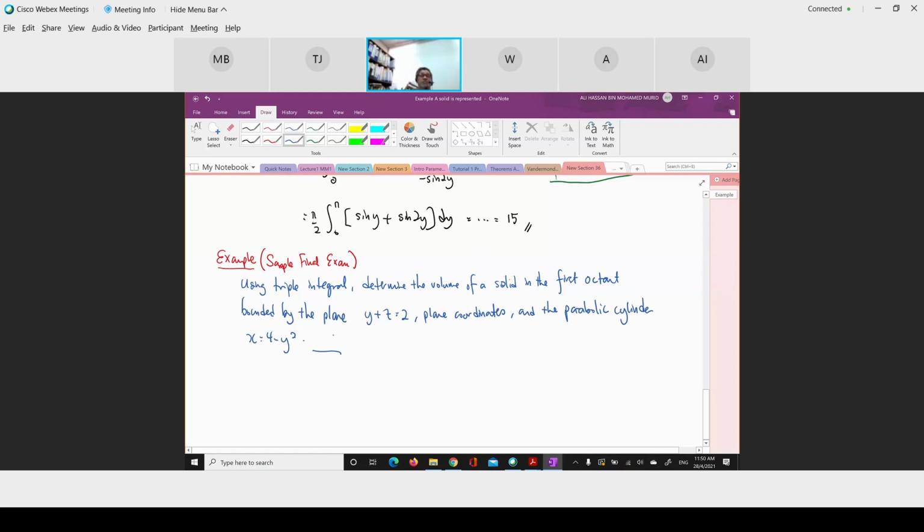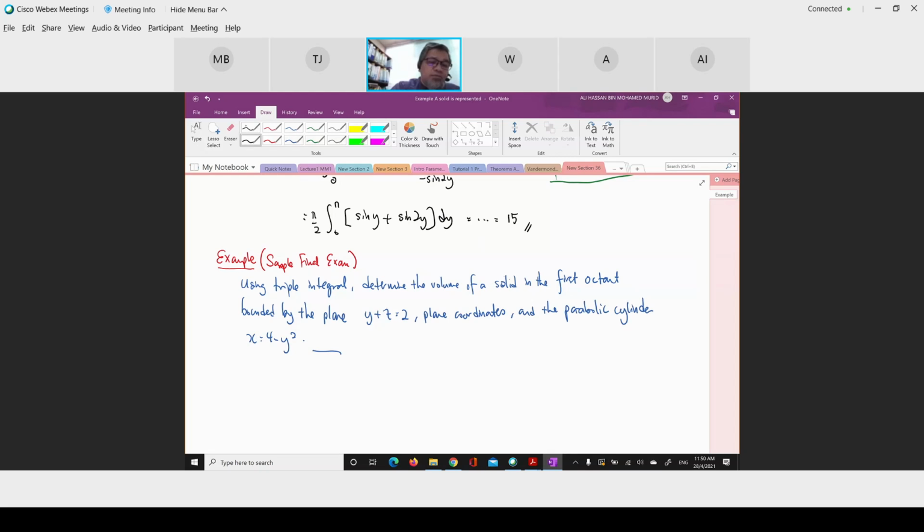Okay, this is the question. Using triple integral, determine the volume of a solid in the first octant bounded by the plane y plus z equal to 2, the coordinate planes, and the parabolic cylinder x equal to 4 minus y squared.